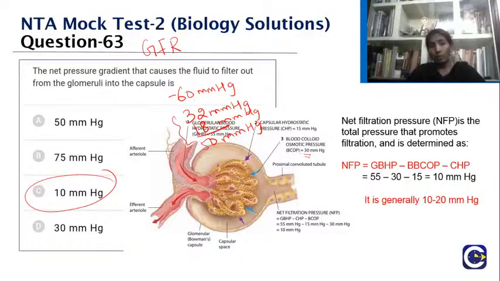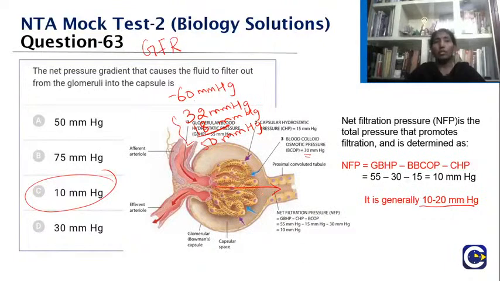What about the Bowman's capsule hydrostatic pressure? That is around 18 mm of Hg. When you subtract the opposing forces from the favoring force, we get the net force as how much? 10 mm of Hg. So the normal value is 10 to 20. This is the pressure which favors the filtration.